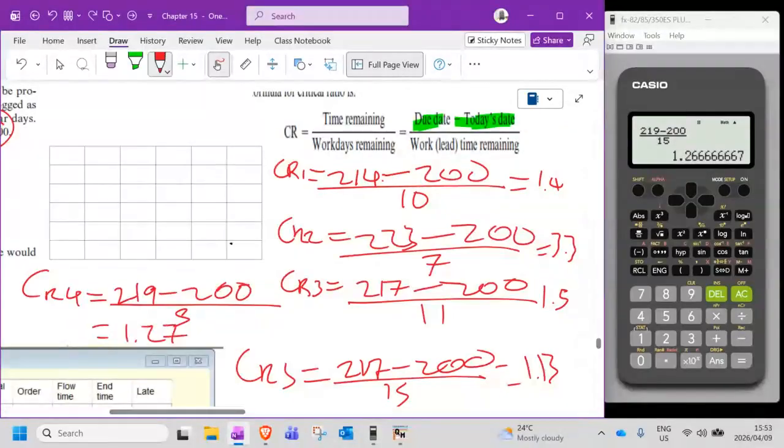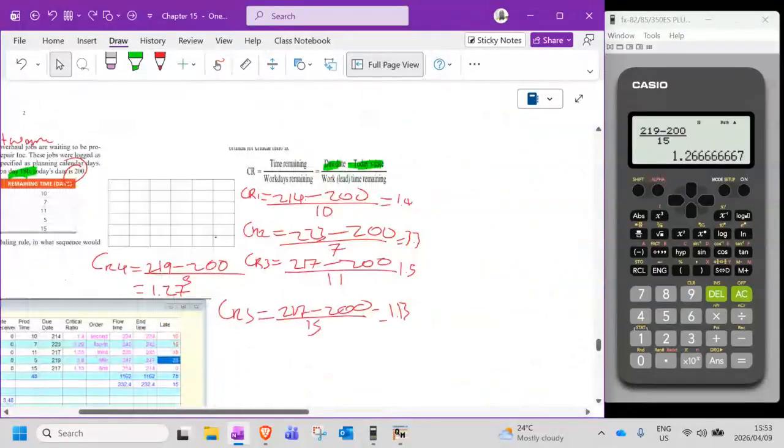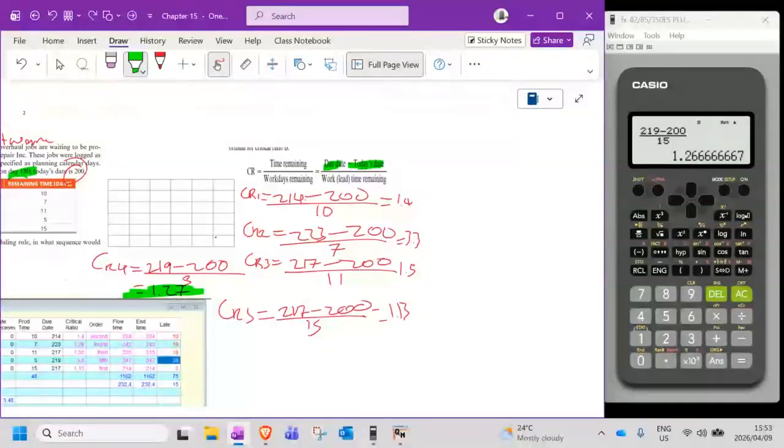1.27. Okay, then we go with the smallest one, which is number 4. Is it number 5? 1.1? No. Yeah, this is 1. The smallest one is this, followed by this 2.